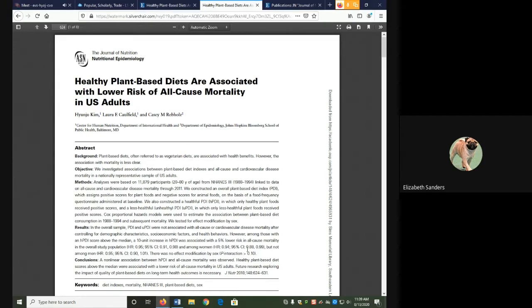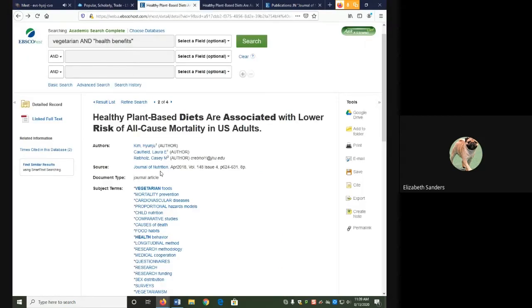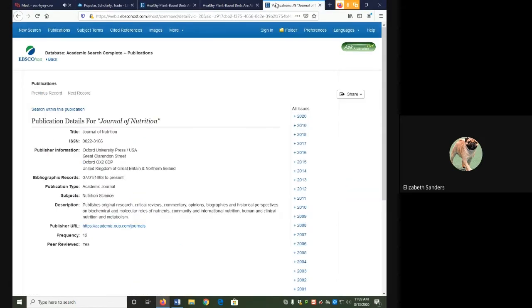The way that we would find that out is actually by looking at the journal. If you're in a database, you can click on the name of the journal and it will bring you to a page of information about that journal. Here, at the very bottom, it says that it is peer-reviewed. We could also double check that information by going to the publisher's website, which is also provided.